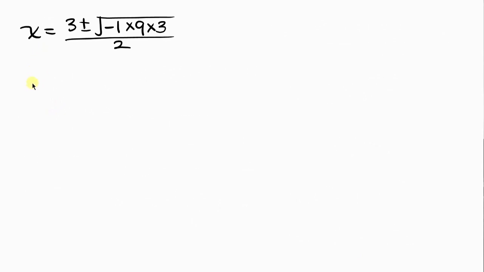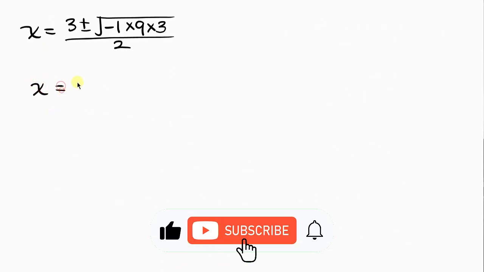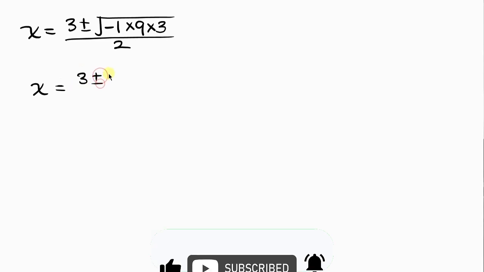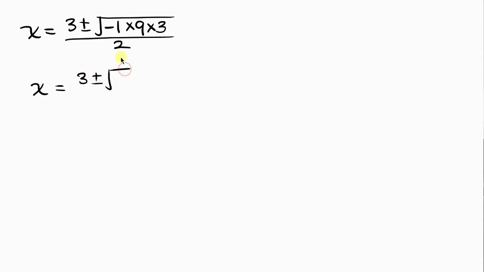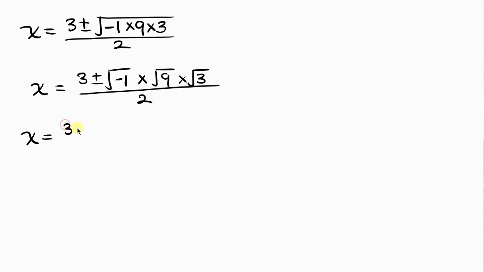So this simplifies into x equal to 3 plus or minus the square root of, now I'm going to be separating each of these terms, negative 1 times the square root of 9 times the square root of 3. So an expression like this can be written in this form, all over 2. So x becomes 3 plus or minus. Now the square root of negative 1 is i, that is iota, times the square root of 9.